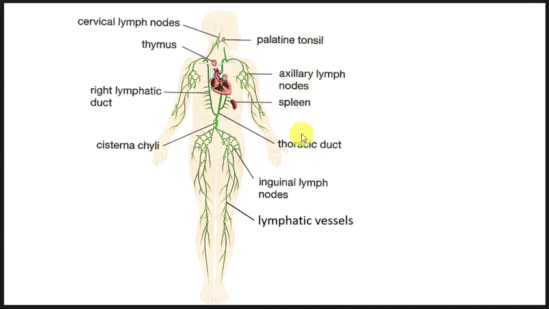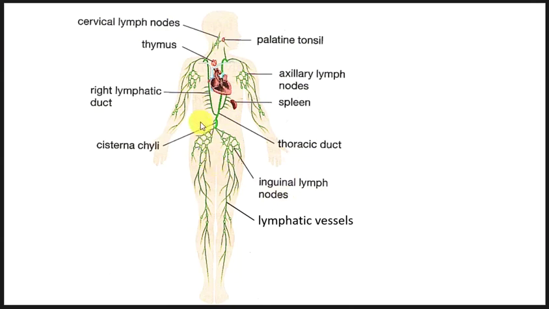Then we have the thoracic duct and also the right lymphatic duct. So mainly these are the main parts of the lymphatic system that you need to study, because this diagram is very important. It comes in the exam, so you need to memorize it.